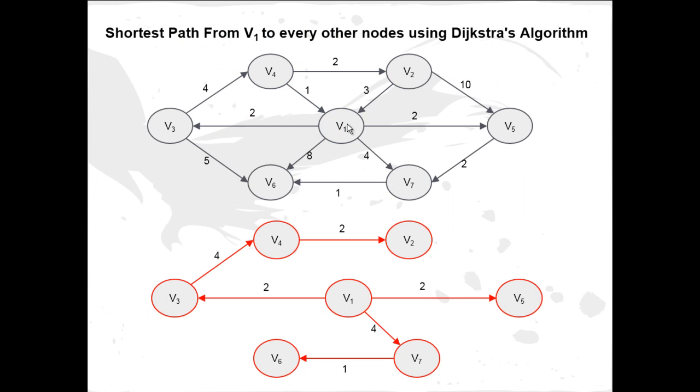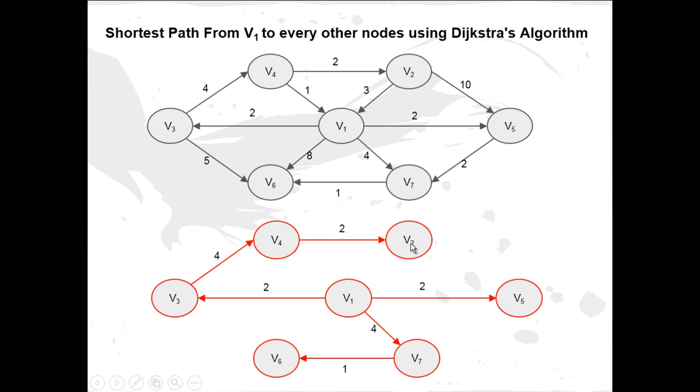So this is the end of the algorithm, and we started with this big graph, and then we ended up with this one here. As you see, we have found the smallest cost for going from V1 to any other node.